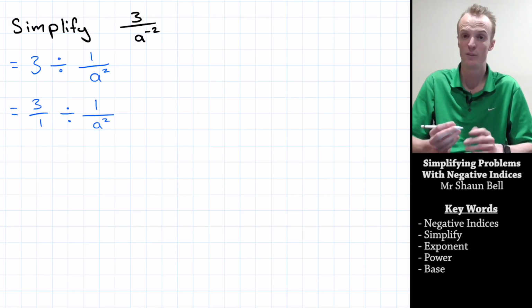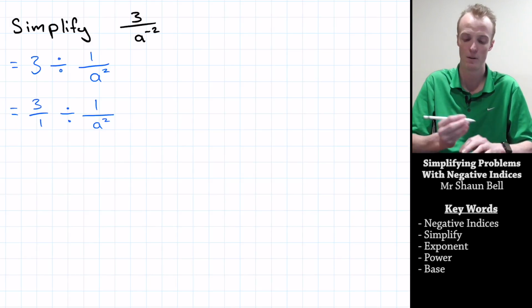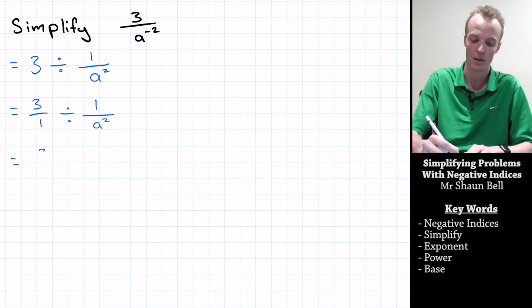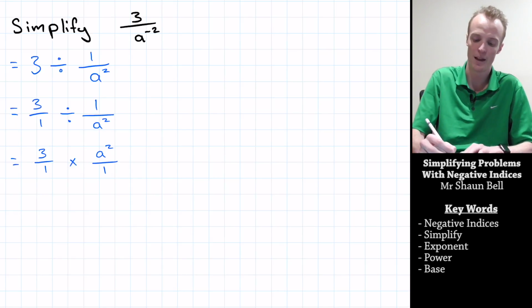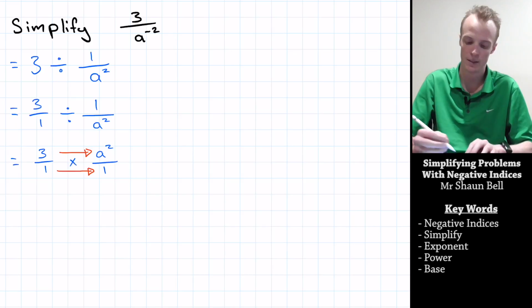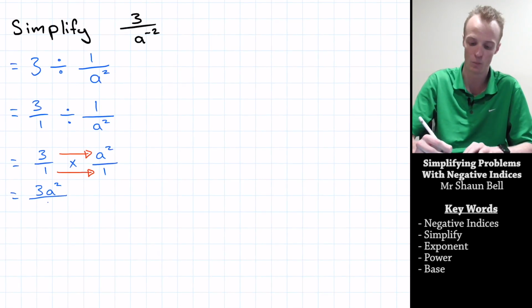Now when we're dividing fractions, we've got to flip the second fraction and change our sign to a multiply. So this is equal to 3 over 1 multiplied by a to the 2nd power over 1. And now we're back to multiplying fractions together. To do that, we multiply the numerators together and multiply the denominators together. So that is going to be equal to 3 times a to the 2nd power, which is equal to 3a to the 2nd power, divided by 1 times 1, which is equal to 1.